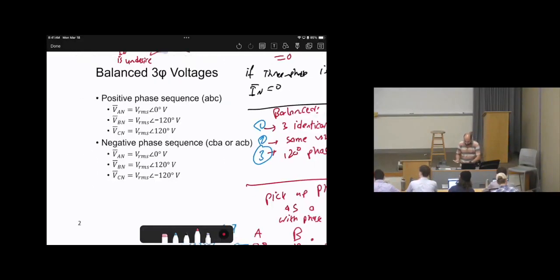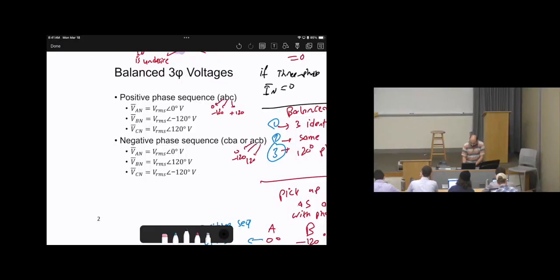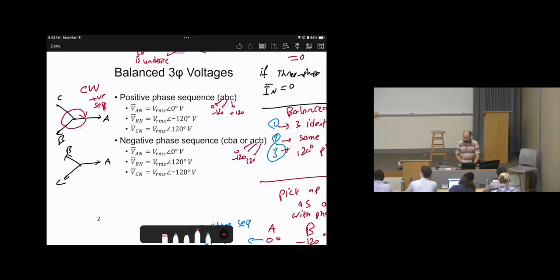Or in other words, you can imagine this in a different way. Here is phase A. Since it's negative, here is phase B, here is phase C. And here is phase A, here is B, here is C, depending on the positive or negative sequence. So travel clockwise from A to B to C, right? This is positive sequence, from alphabets A, B, C. When you travel clockwise here, you will see A, C, B. Negative sequence.